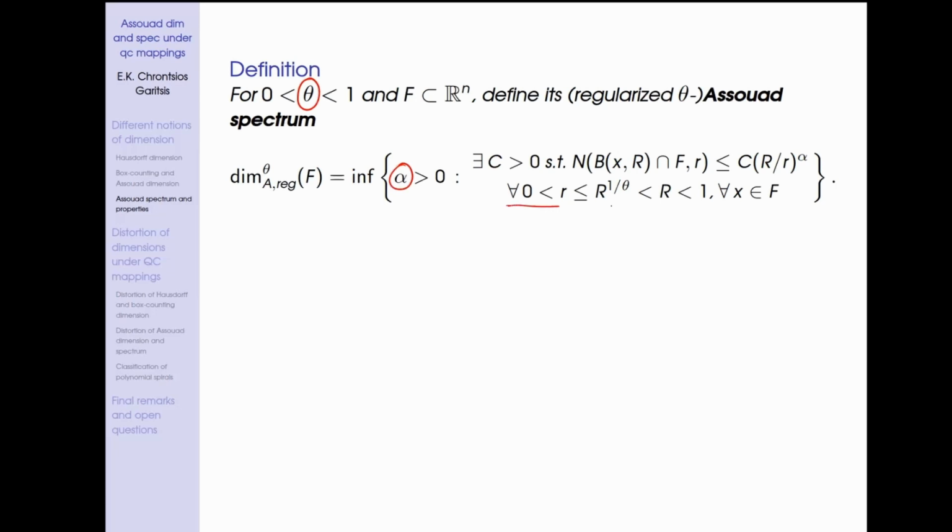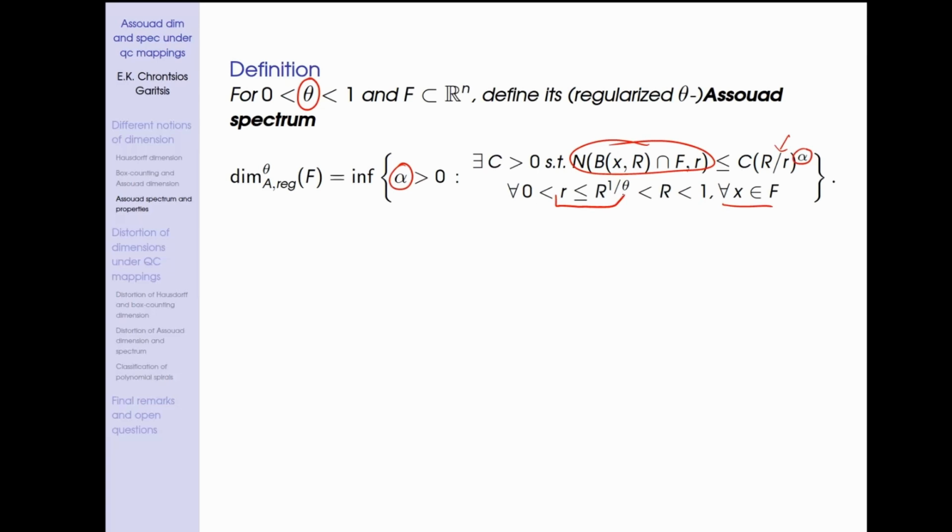So for all scales and all places, we need this covering number to be at most the ratio to the exponent alpha, with the only difference that now we require this relation between the smaller and the big scale. We need the smaller scale to be at most r to the 1 over theta. The idea is again the same.